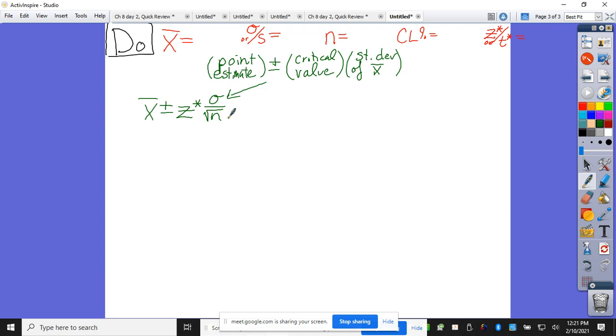We take sigma over square root n. The only thing that changes when we use our other one is that instead of Z, we would use T, and instead of sigma, we use s. I'm only writing this in right now so that I don't forget to go back and do that one. I don't need you to feel okay about that yet.